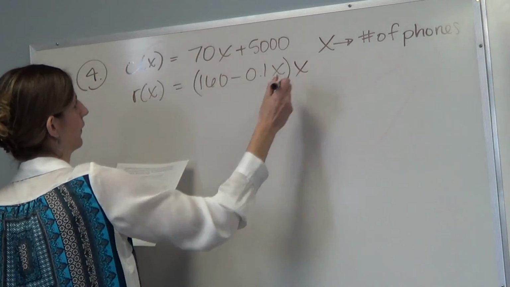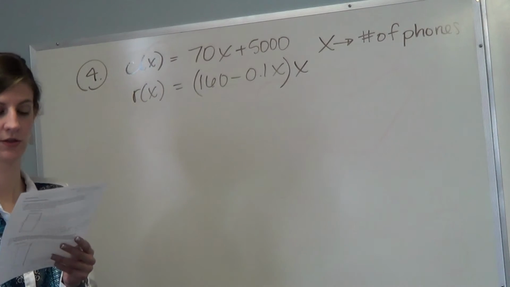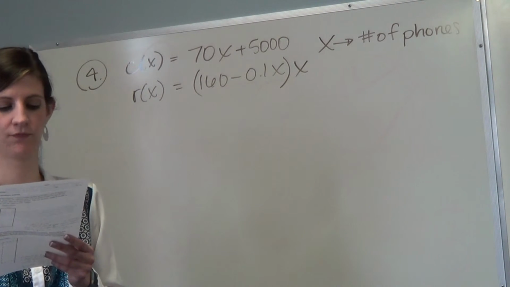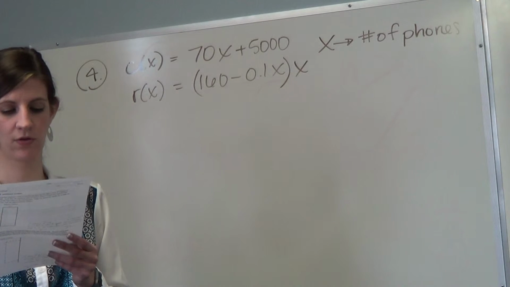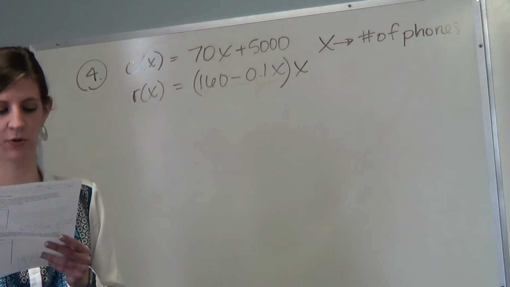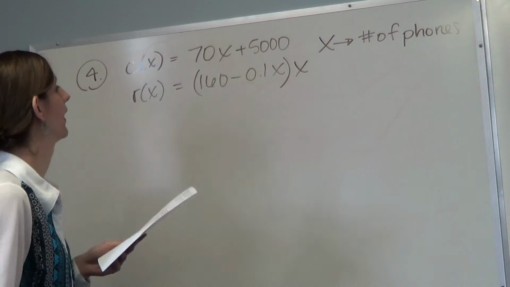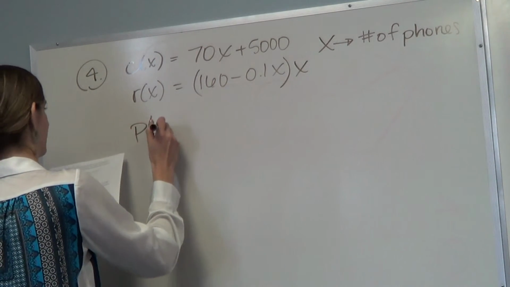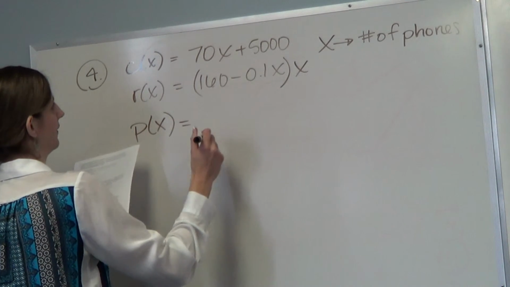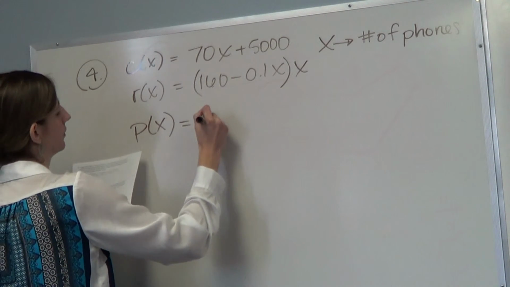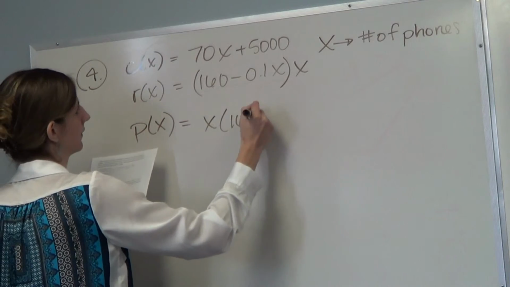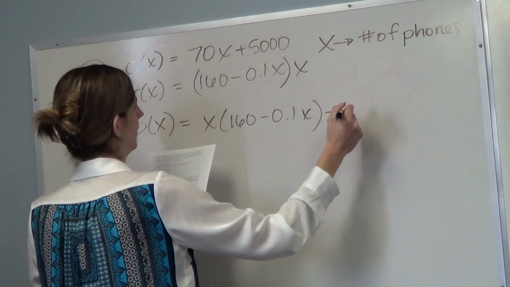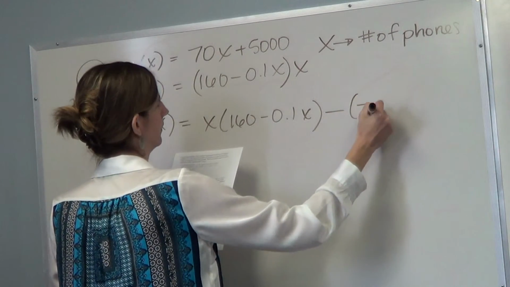So the revenue for x smartphones would be that times x. That's the price of one smartphone, where x is the number of smartphones that are manufactured. So the P of x, the profit, is going to be the revenue, so this, minus the cost.